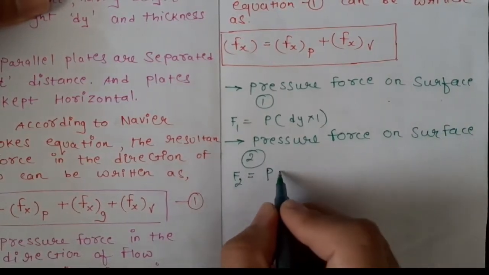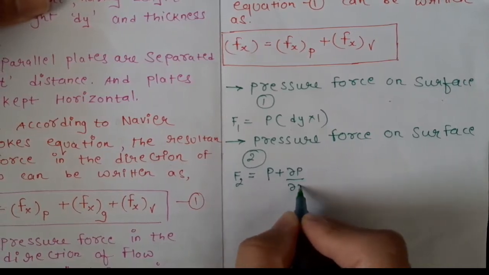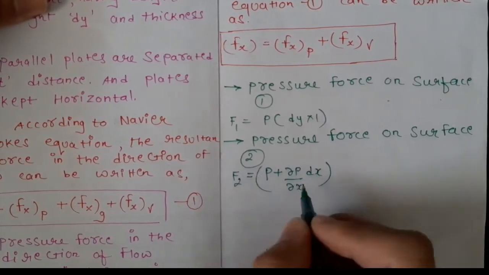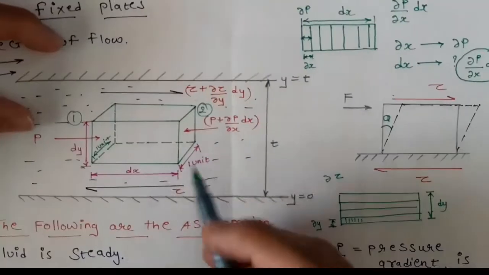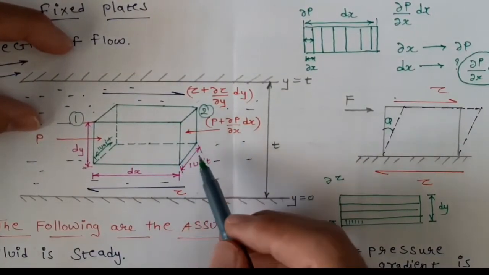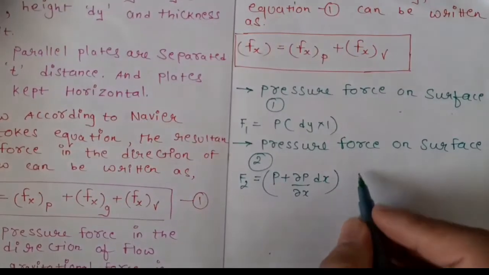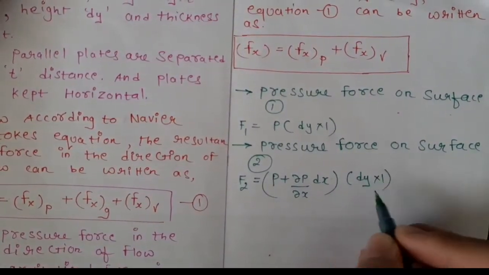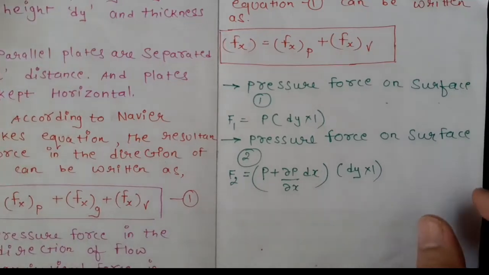F2 equals P plus del P by del x into dx, into area. What will be the area of surface 2? Here we have length as dy and thickness as 1 unit, so length into breadth, dy into 1. So we got the pressure force.